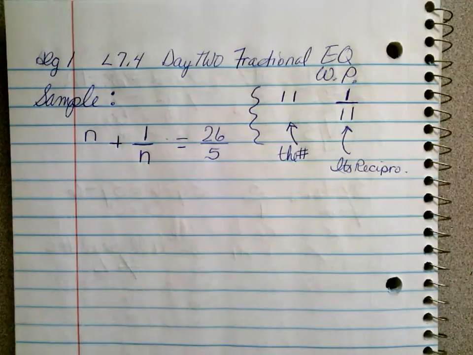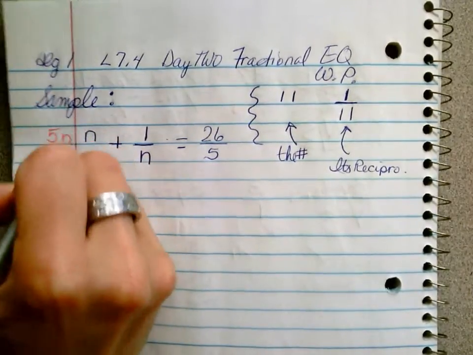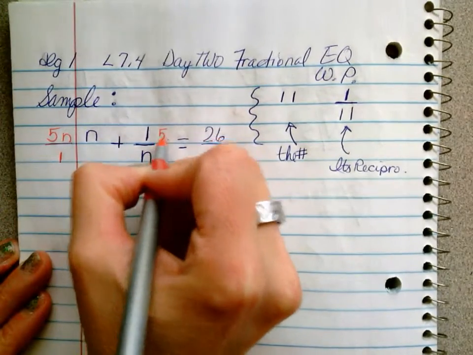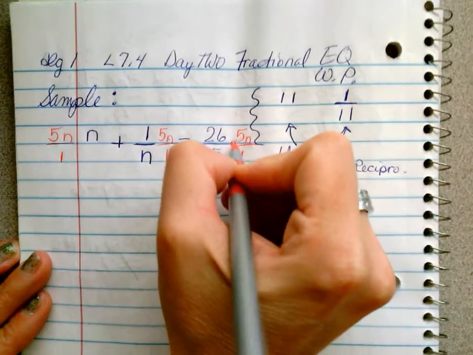And the lowest common denominator is the largest power of any factor showing. Percy already said it's 5n. So, multiplying everything by 5n, and I'm going to throw it over 1. There it is.